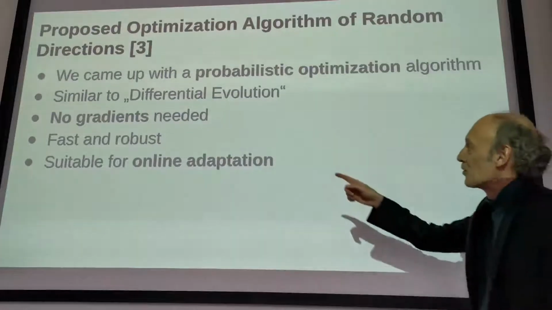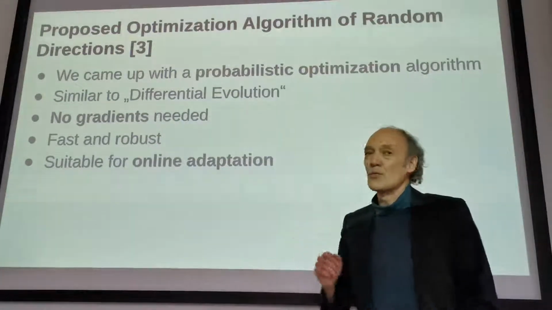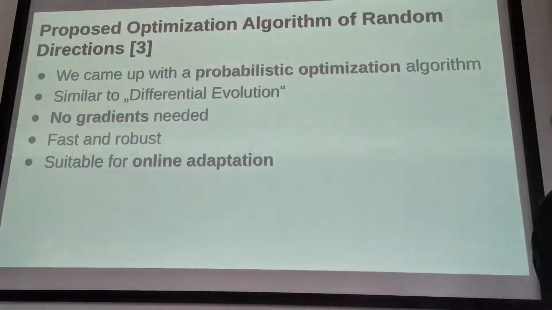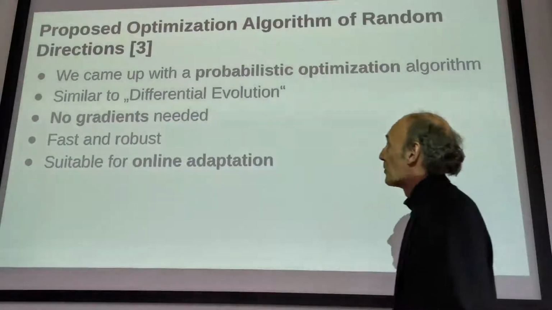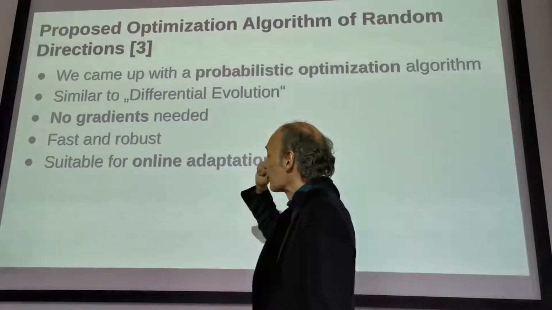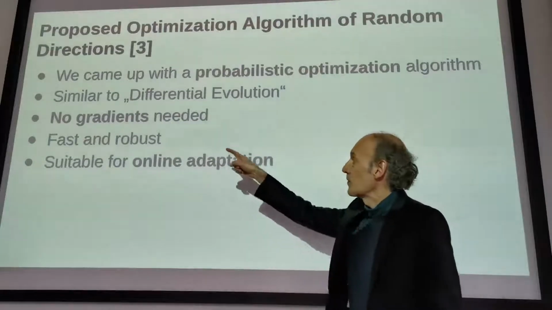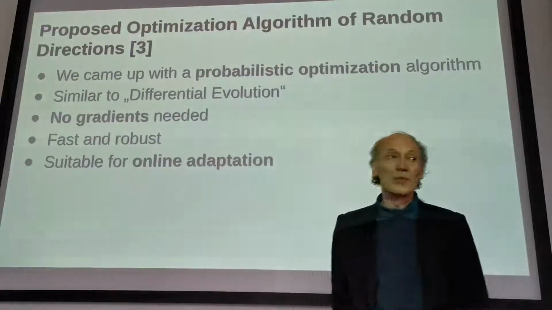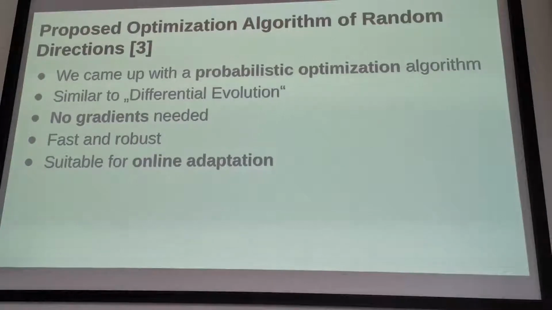And it needs no gradients, but differential evolution has a disadvantage that it's very slow. It takes a long time and it's very complex. So it's good if you have a lot of time and you want to solve a difficult problem, but it's not really suitable for real-time, low complexity applications. Right. Yeah, so that's why we came up with a variation on it, which is fast and robust and also suitable for online adaptation.